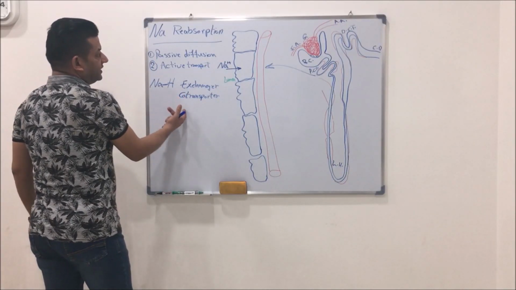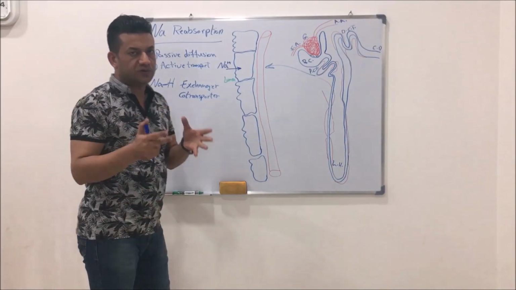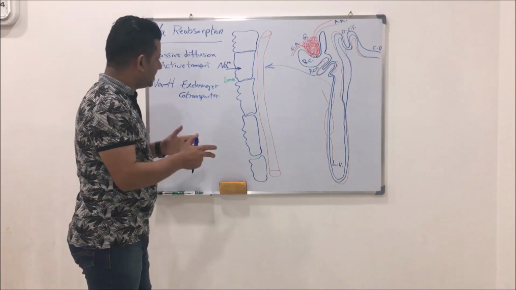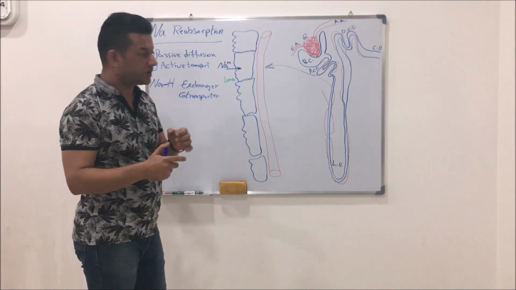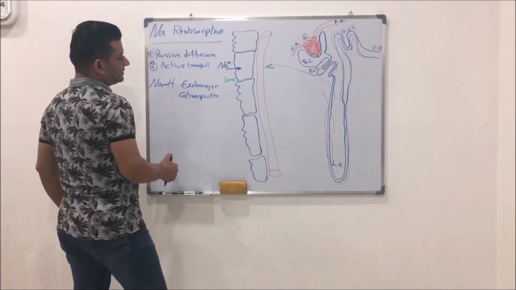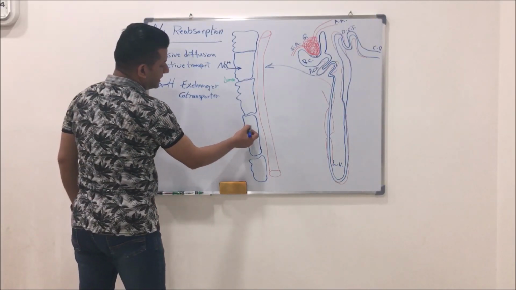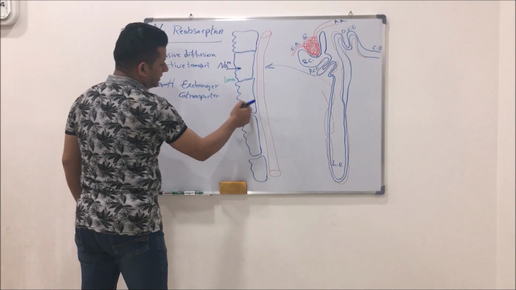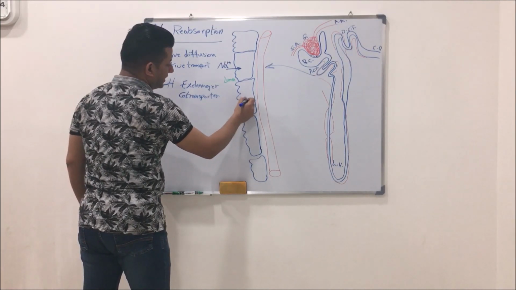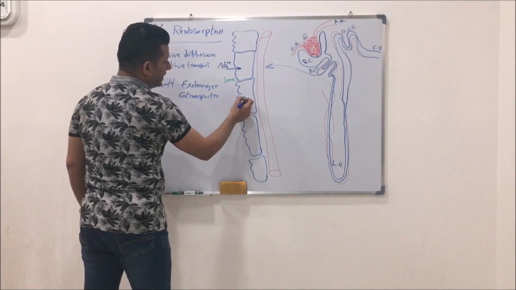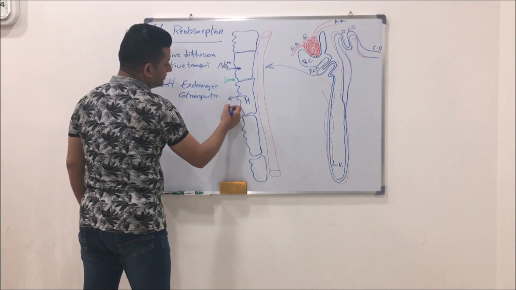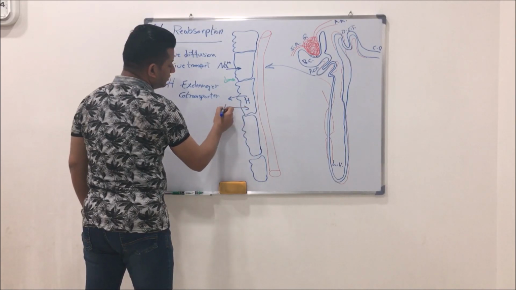The exchanger here is a specific carrier protein, which exchanges sodium for hydrogen. How is that? Let's suppose that inside the tubular cells there is hydrogen. So hydrogen is exchanged for sodium.